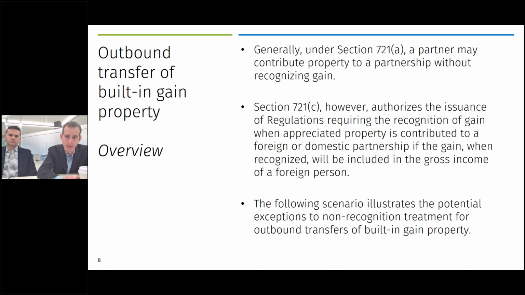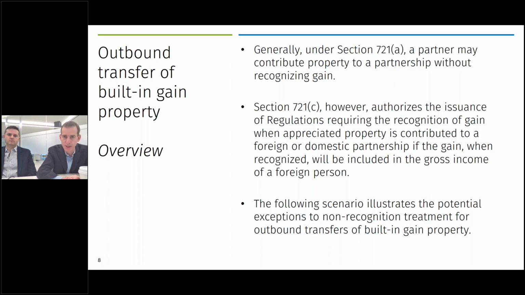And again, just like the corporate Subchapter C rule, section 351 or 368, we have our Subchapter K corollary set forth in section 721(a), which provides for non-recognition treatment as a generalization. When you transfer built-in gain properties to a partnership, unlike a 351, there's no control requirement.